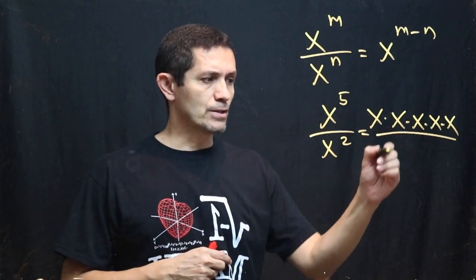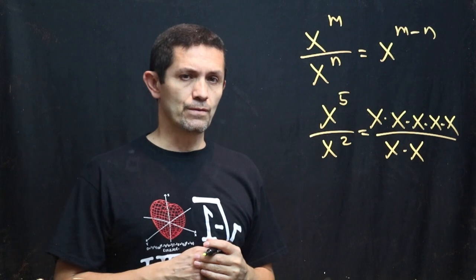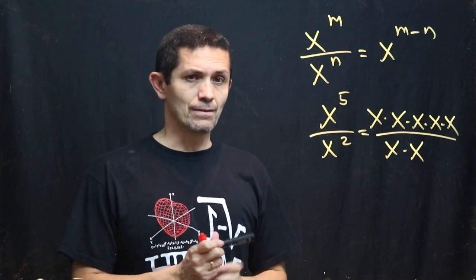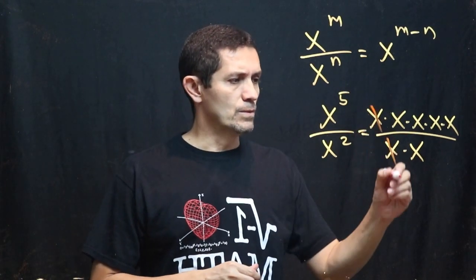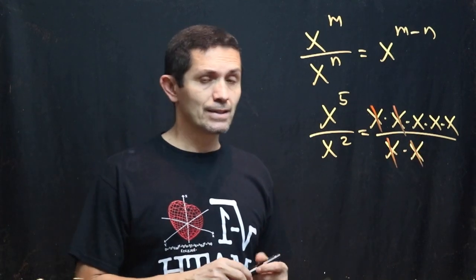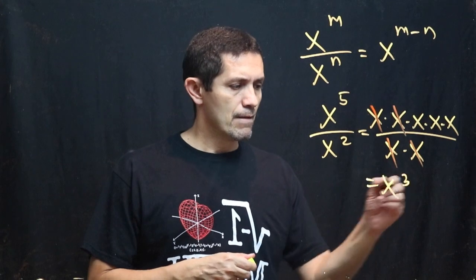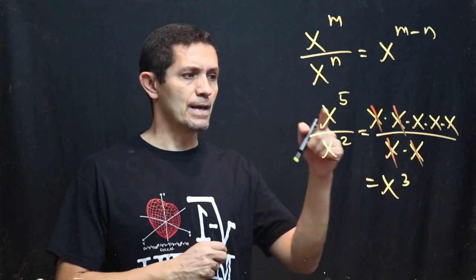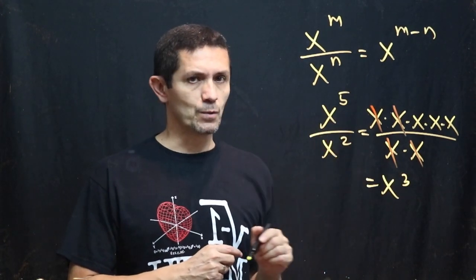Divided by x squared is 2 of them. Now, if I simplify those, 1, 1, 1, 1, how many are left? 3. Therefore, I have x cubed. And that's my quotient rule. Technically, I keep the same base, I subtract the exponents.